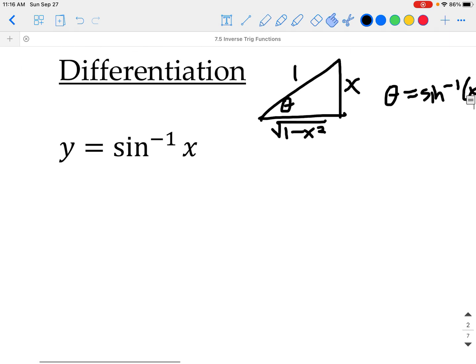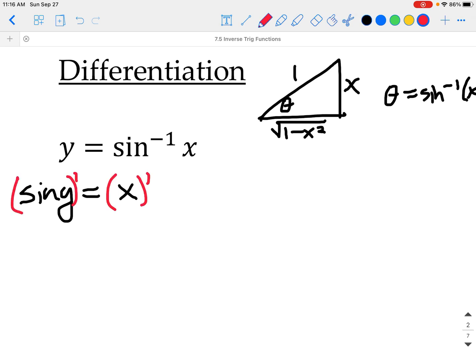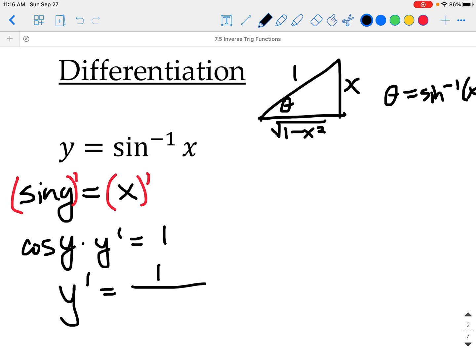Okay, so let's rewrite this as sine y is equal to x using the inverse property. Then we'll differentiate both sides with respect to x, so we need to take the derivative implicitly. We'll get cosine y times y prime is equal to 1. So y prime is equal to 1 over cosine of y.